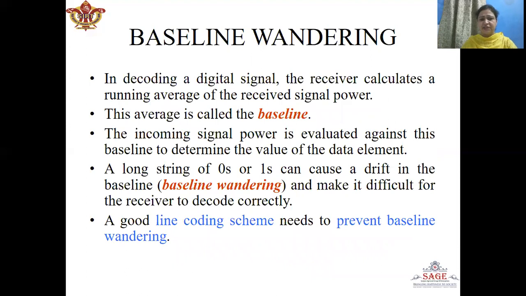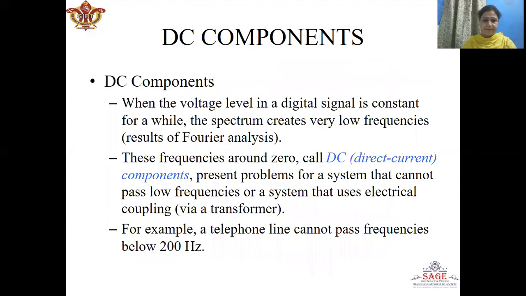Ideally, there should be no baseline drift. A long string of zeros or ones can cause a drift in the baseline, which is called baseline wandering, and it makes it difficult for the receiver to decode the transmitted information correctly. A good line encoding scheme needs to prevent baseline wandering.